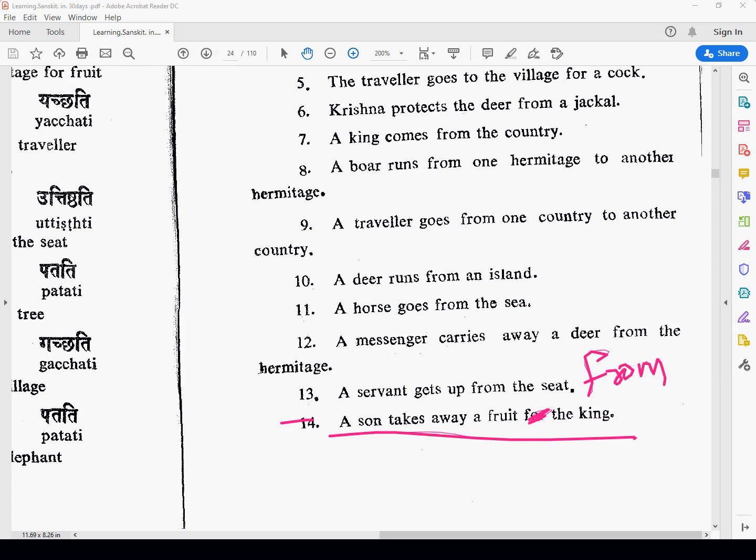Just for example, a son takes away fruit from the king. Son, Putraha. Harati. Phalam. Nirupaya.